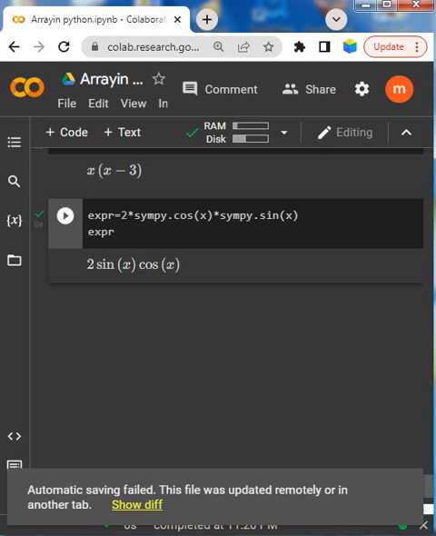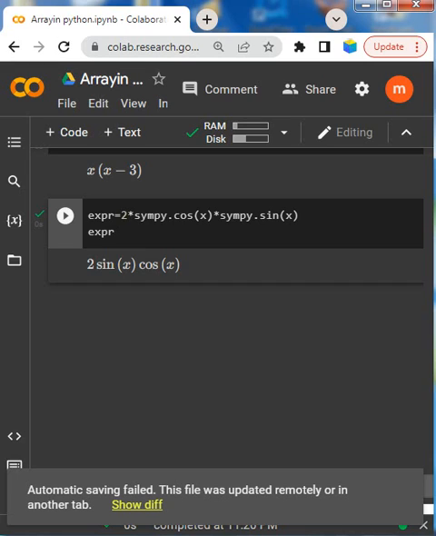So sympy.simplify means attempt various methods and approaches to obtain a simpler form of a given expression. If I write sympy.trigsimp, it attempts to simplify an expression using trigonometric identities.